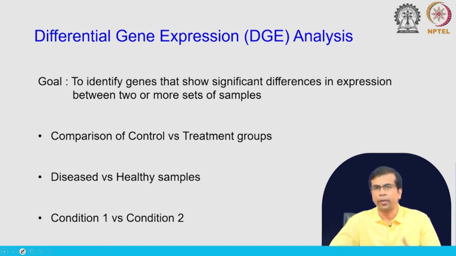Okay. By the way, this analysis can be done, of course, not just for comparison between two sets of samples. You can do this for multi-class, multiple sets of data, right. So, in case of disease versus healthy, you can think of, for example, you have tumor, you have healthy, you have, let us say, other types of samples, right, other diseases, not just tumor, maybe some other disease.